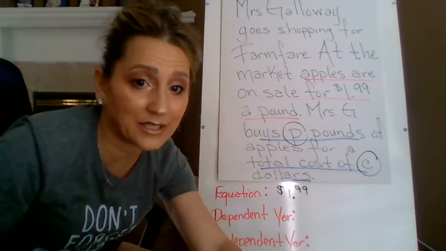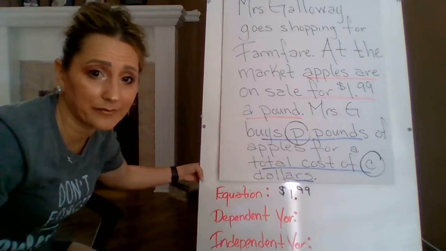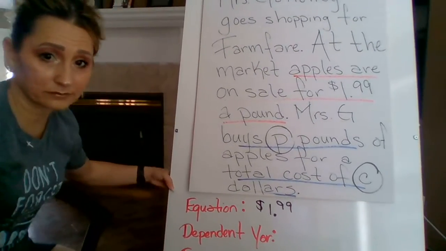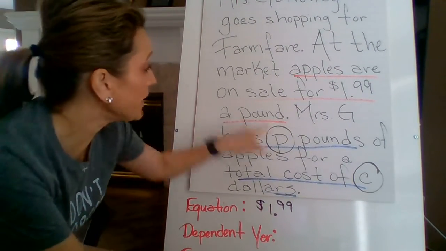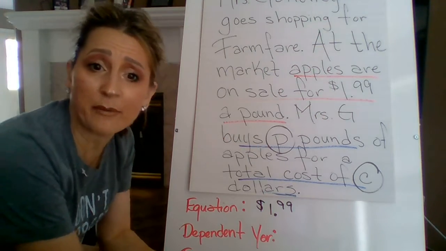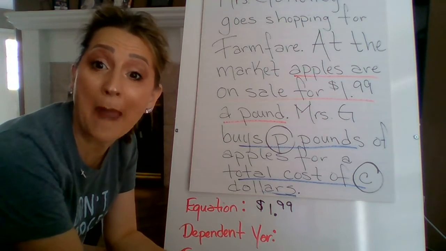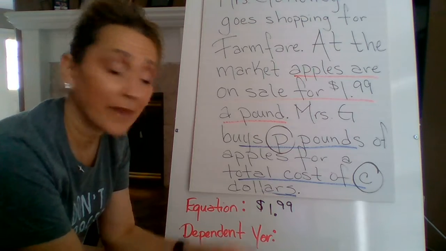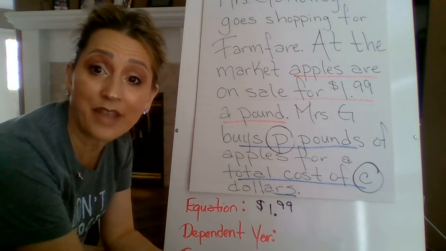And that's fantastic. $1.99 a pound. Do I know the next piece of information, how many pounds Mrs. Galloway bought? I do not. I do know they cost $1.99 though.